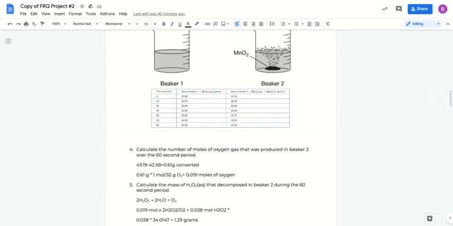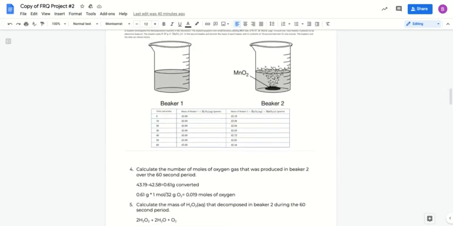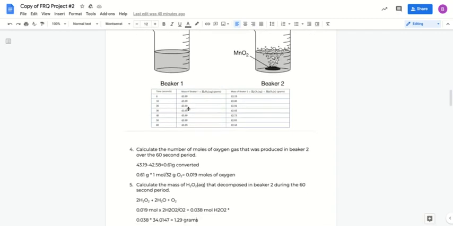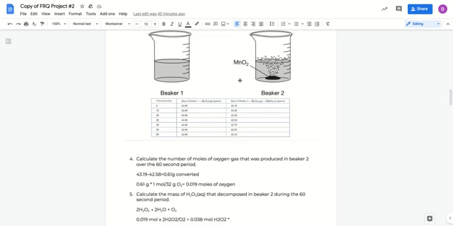Question number 4 asks us to calculate the number of moles of oxygen gas produced in beaker 2. Beaker 1 is just a test, to compare and make sure the results are accurate, because beaker 1 stays the same the whole time.